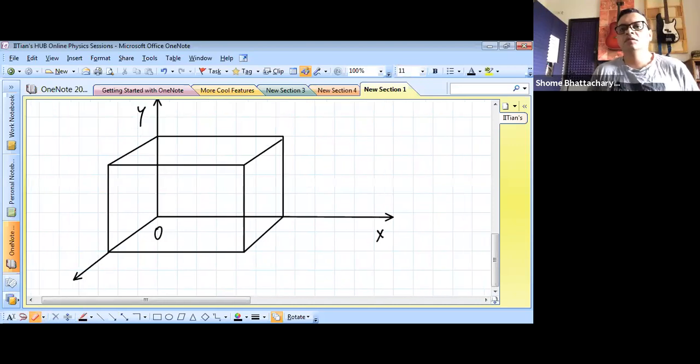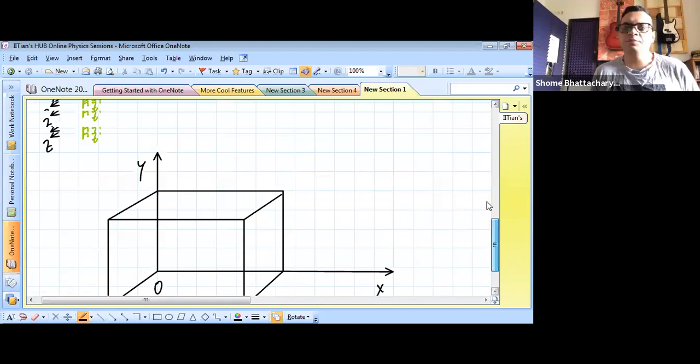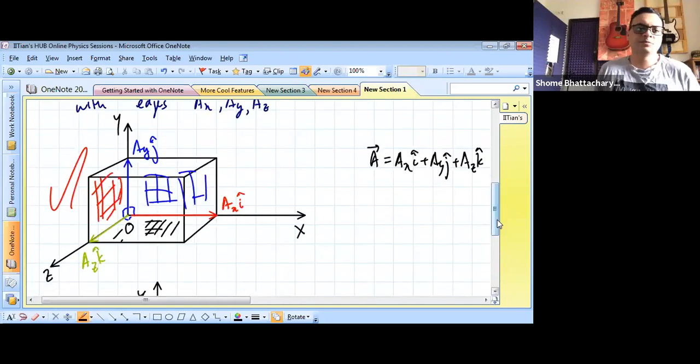Now we want to draw this vector, which is Ex i cap plus Ey j cap plus Ez k cap, where in the earlier diagram we understood Ex i cap, Ey j cap, and Ez k cap. Those were these three.